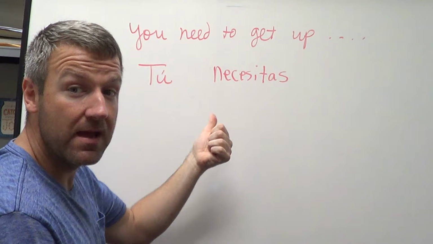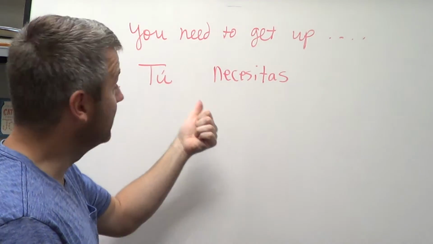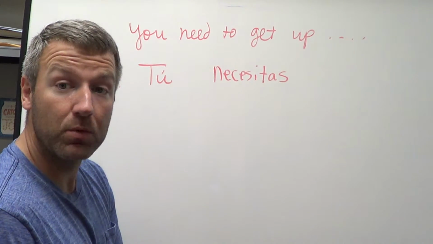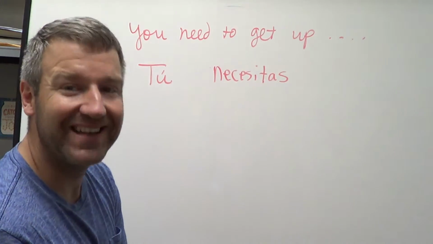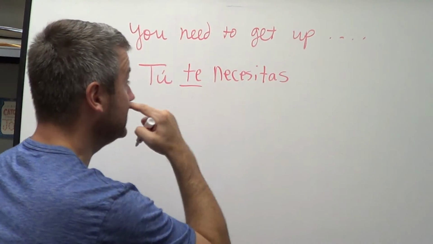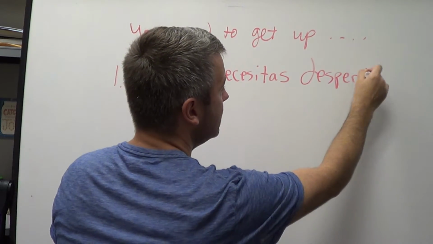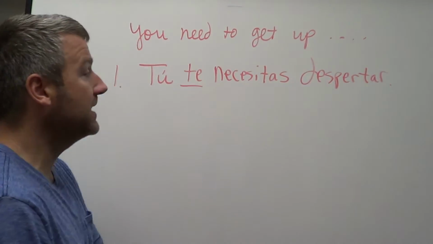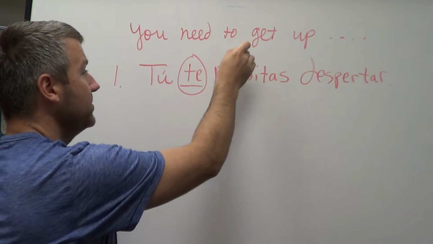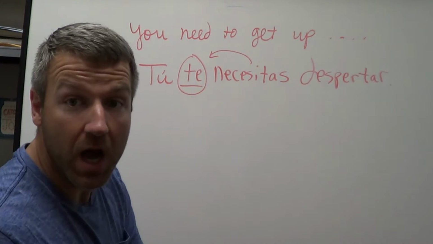It wouldn't be me, wouldn't be se, wouldn't be nos, but for tú, the only reflexive pronoun that would correspond to that would be te. You got it. So you can say, tú te necesitas despertar, where the te is coming directly in front of that first verb. All right? That's one option.